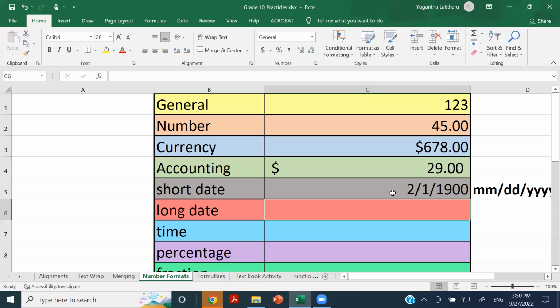That is why when I have given 32, it has taken it as 2/1/1900.